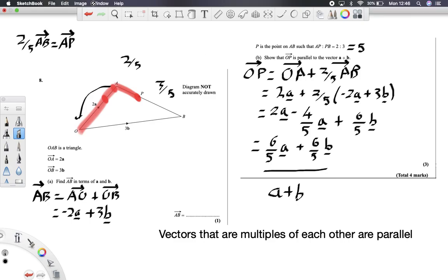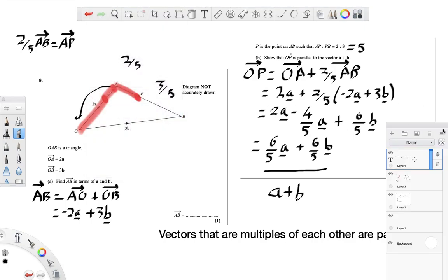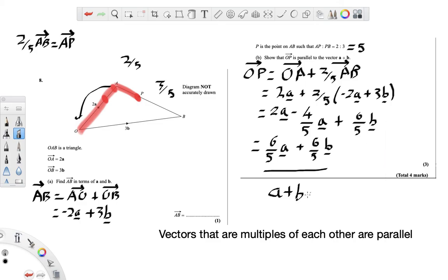So therefore, OP is equal to 6/5 of A plus B. And from the statement I've just typed out there, vectors that are multiples of each other are parallel. So therefore, they must be parallel. And that's the end of the question.